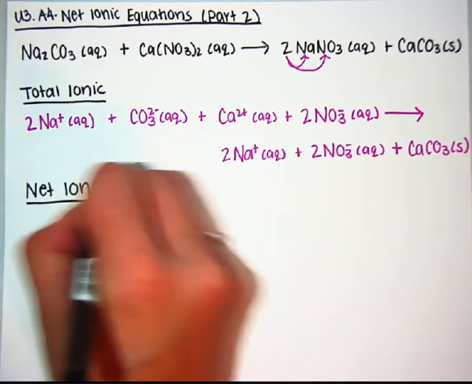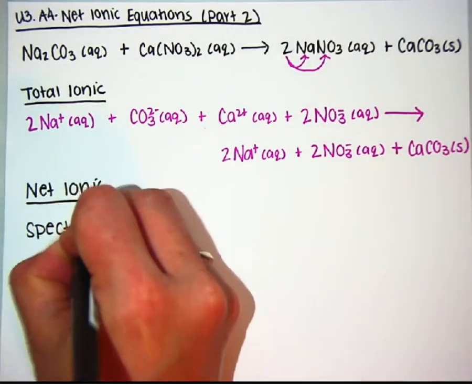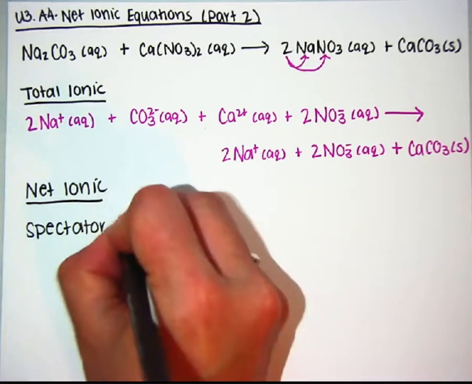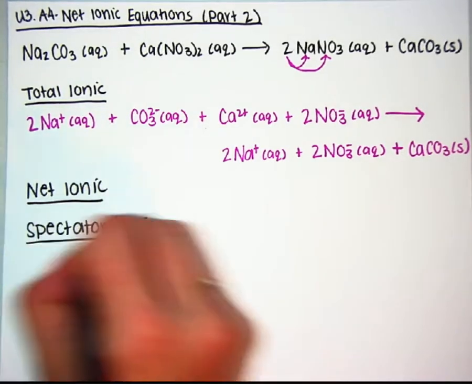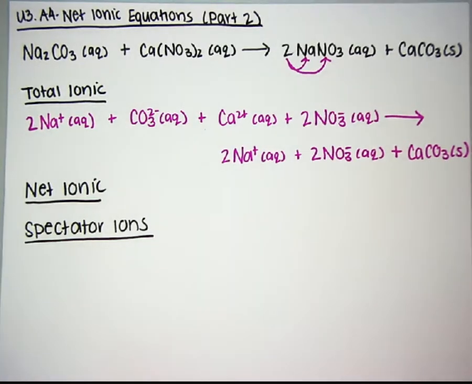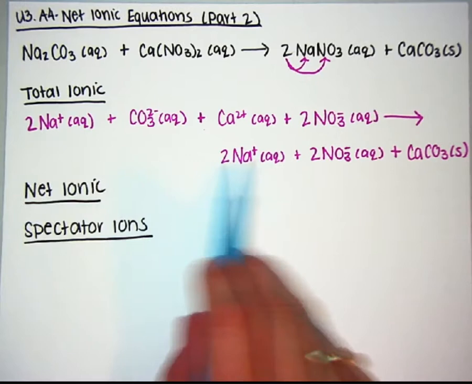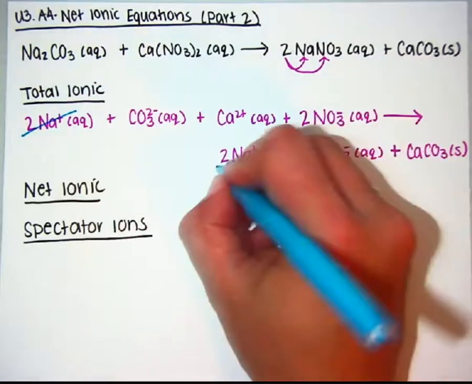Next, we'll write the net ionic equation and identify spectator ions. Any ion that we see in both the reactant and product side can cancel out. So I have 2 Na+, 2 Na+, cancel them out.